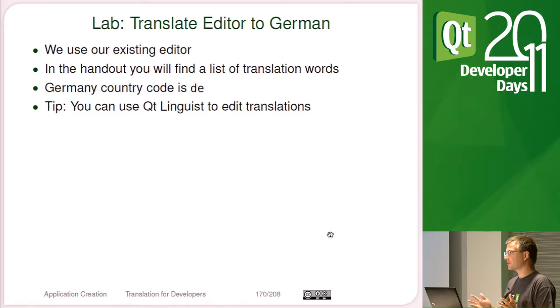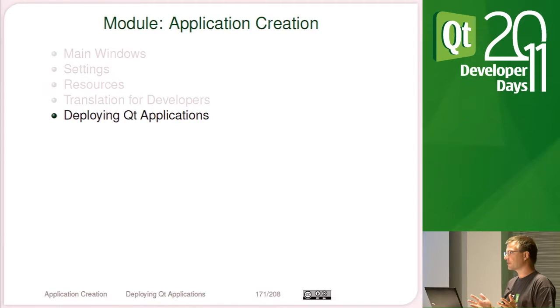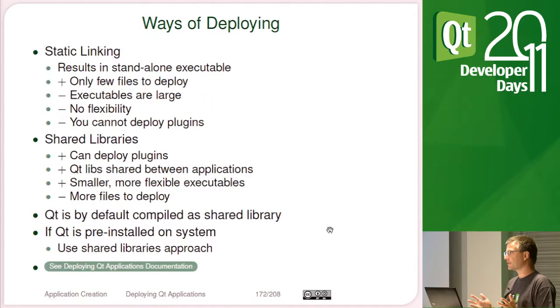Okay, so that's the translation of the editor we have just done. So what does it mean if we'd like to deploy our Qt application? There are different ways of deploying or linking.